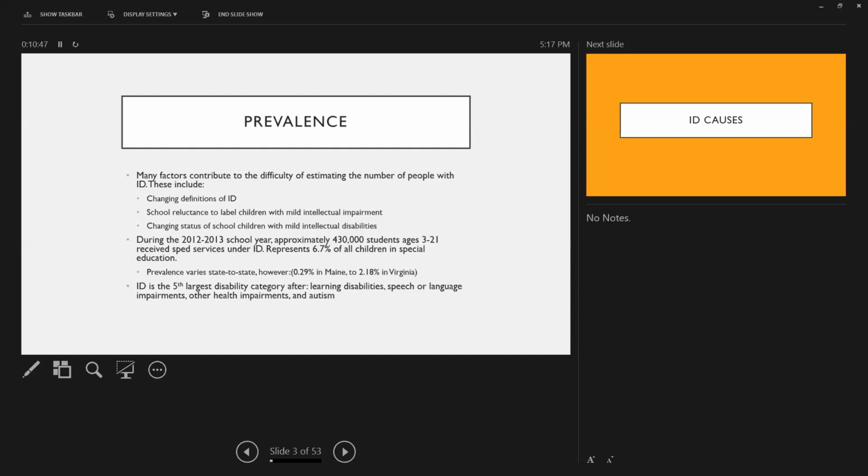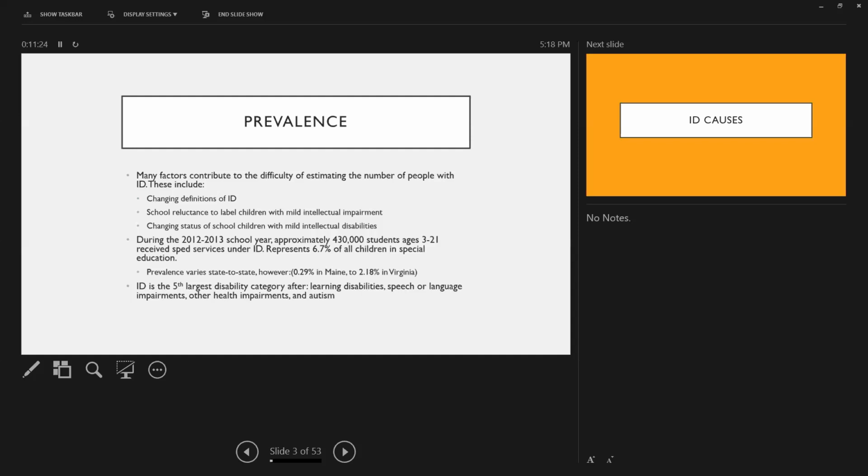Some fairly recent data, 2012 to 2013, about 430,000 students received special education services from IDEA under the intellectual disability diagnosis. And this is about 6.7% of all children in special education. As is the case with many disabilities, we do see variance between states. Here were just two examples that the textbook provided.